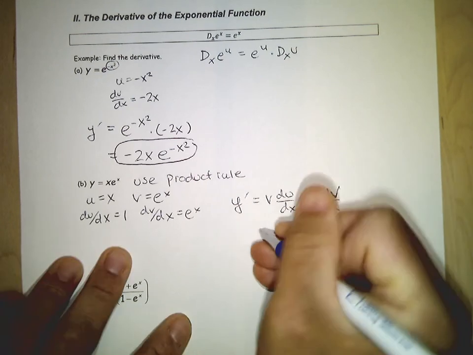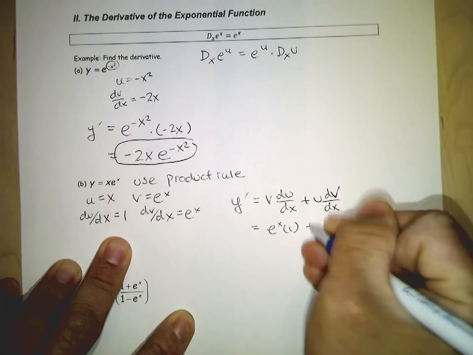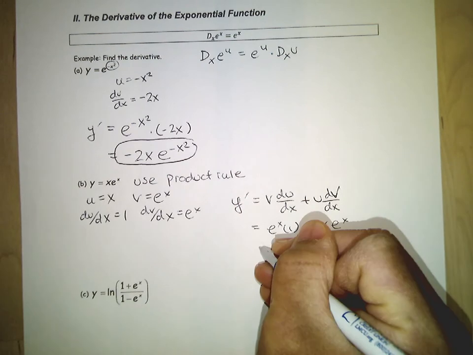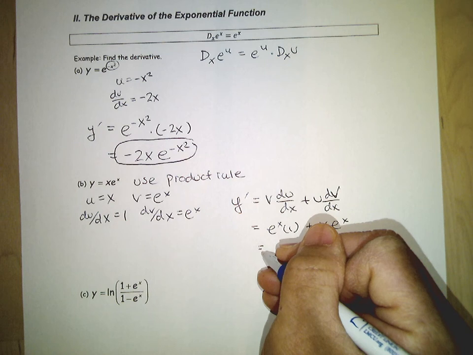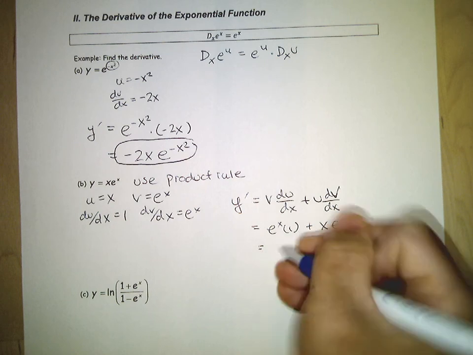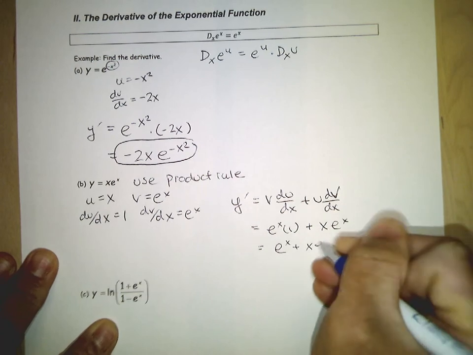So we have e to the x times 1 plus x e to the x. Well, there's nothing else to say. It's e to the x plus x e to the x.